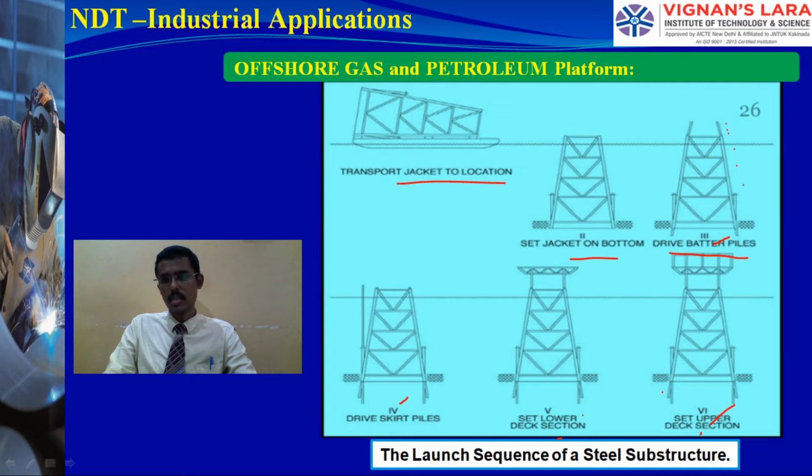So slowly it is increasing, slowly built up from the bottom. Slowly the plant is developed, where many welded joints are involved. Therefore, many NDT inspection services are also mandated.